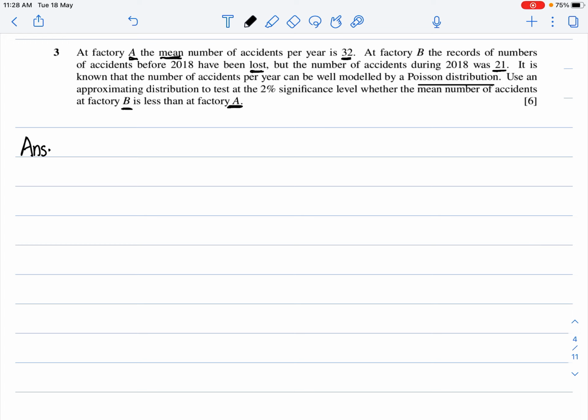So now you tell me one thing. They have told you it's a Poisson distribution, so you know your lambda is simply 32. Your test value you know is 21, because you're testing if factory B is less than factory A. Now, because my lambda is equal to 32, my lambda is basically my mean and the variance.